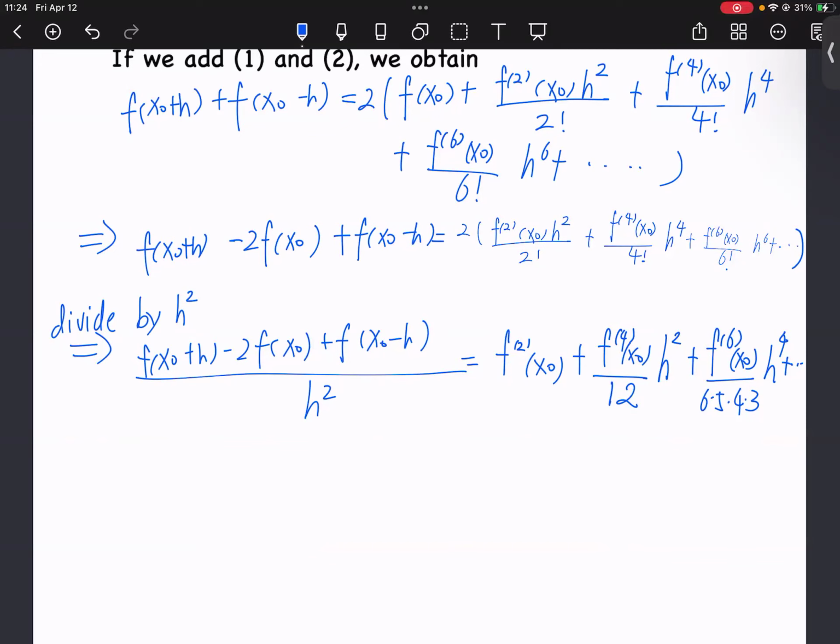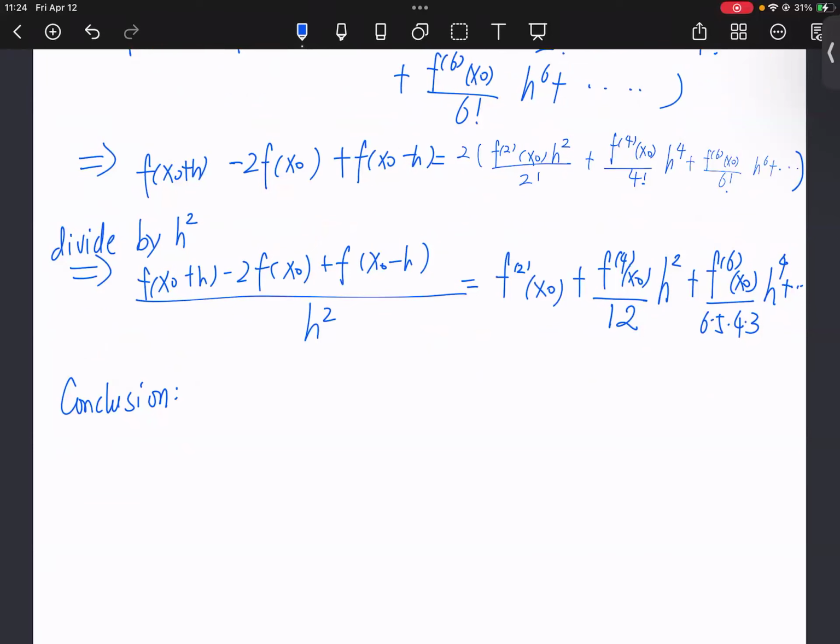So now actually you get a formula to approximate the second derivative. So I'm going to rewrite all the things here, and then you will see the formula to approximate a second derivative. So by now, this is not called Richardson's extrapolation.